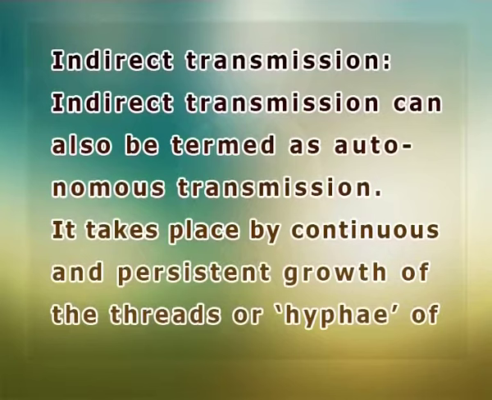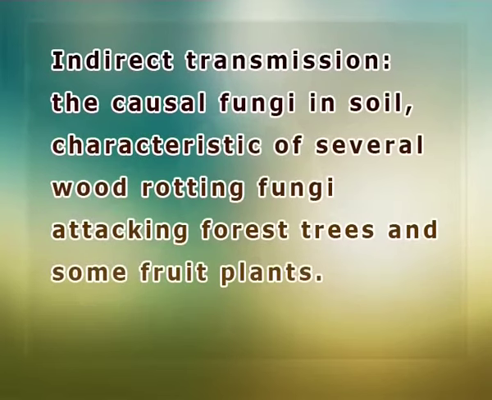Indirect transmission. Indirect transmission can also be termed autonomous transmission. It takes place by continuous and persistent growth of the threads or hyphae of the causal fungi in soil, characteristic of several wood-rotting fungi attacking forest trees and some fruit plants.